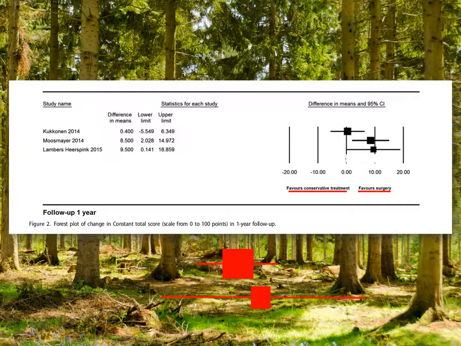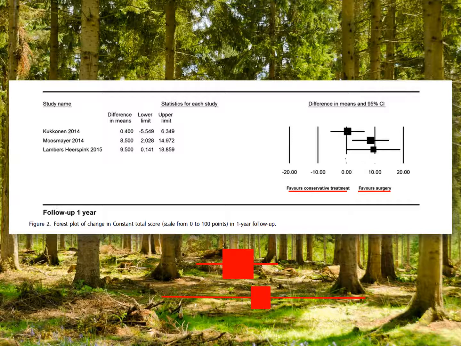Usually, larger boxes represent larger studies and small boxes represent smaller studies. One thing you also notice is that there are studies with wide confidence intervals and there are studies with narrow confidence intervals. And there is a correlation between the size of the box in the middle and the width.